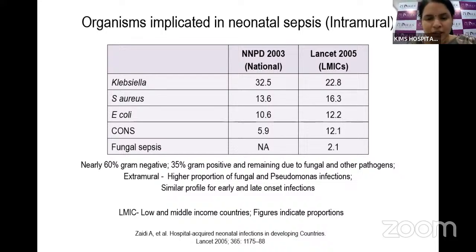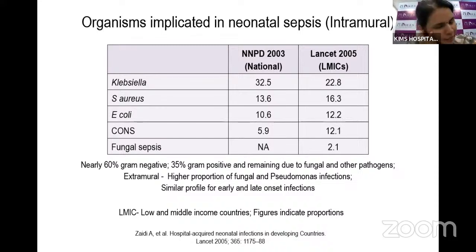So we have data that periodically comes from the National Neonatal Perinatal Database, which is data that is collected from up to 18 tertiary care neonatal intensive care units from across the country. And they compile their data with respect to various morbidities, including sepsis, birth trauma, mortality pattern, and they keep publishing this periodically.